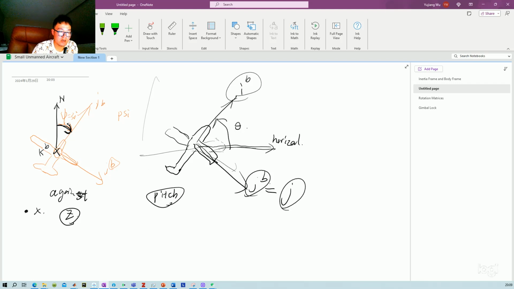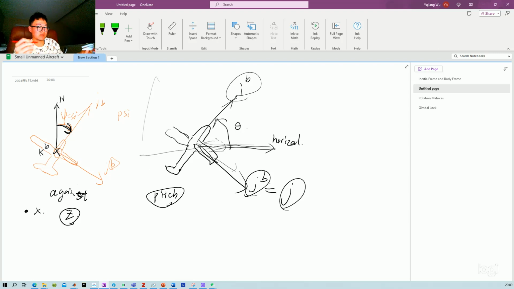This is your horizontal axis, and maybe from the drawing it's a little hard to see, but if this is your wing axis, what happens is that you're rotating against this y-axis up and down.